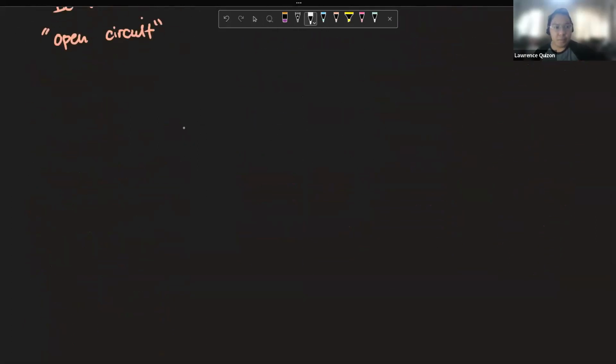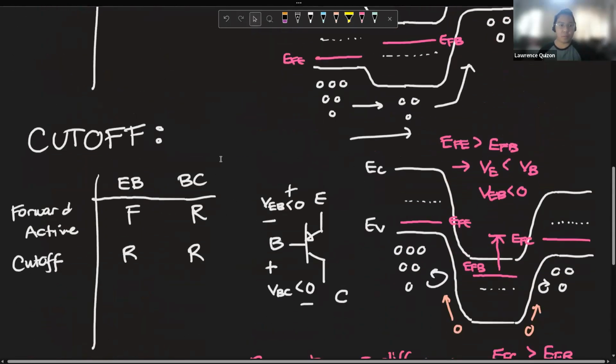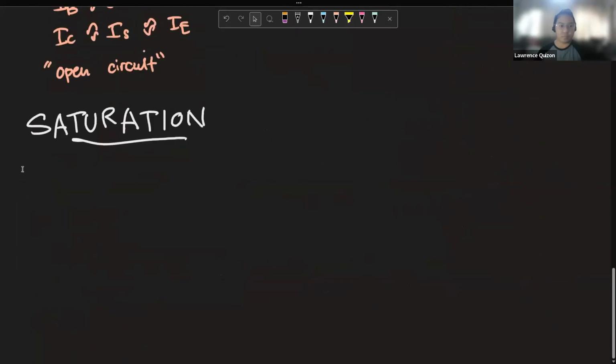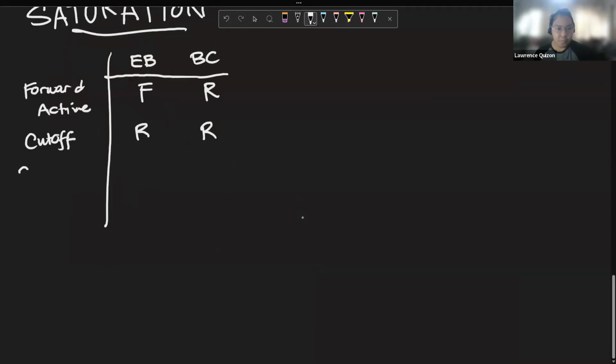So next, saturation. So in saturation, both junctions are forward biased.